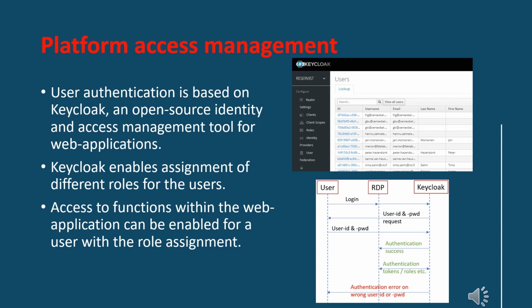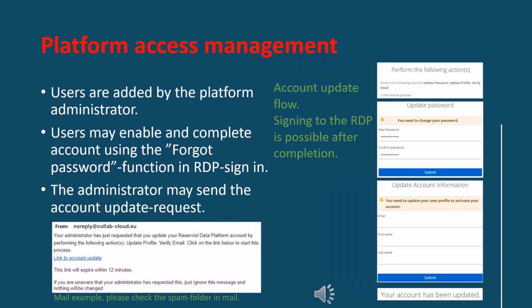That enables access to different functions according to the roles. Users are added by the platform administrator. Users may enable and complete their account using the forgot password function in the RDP sign-in.